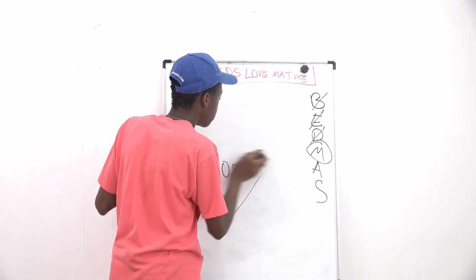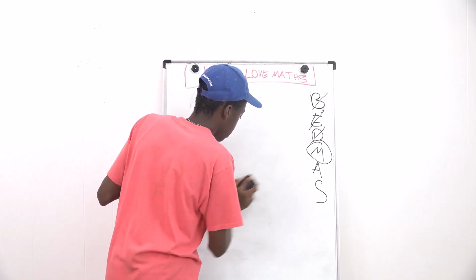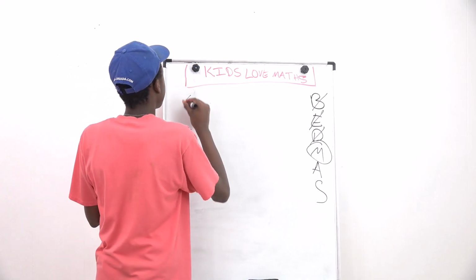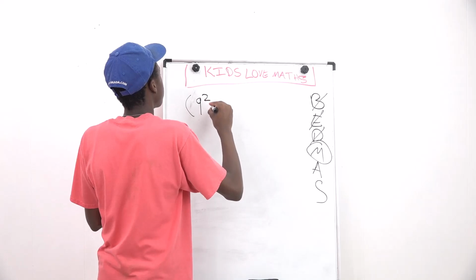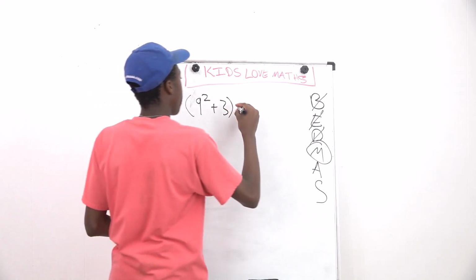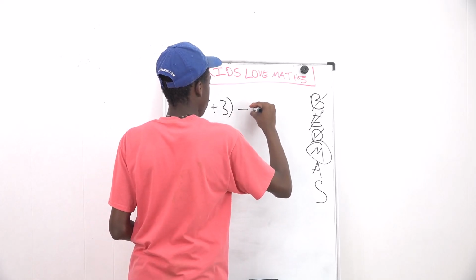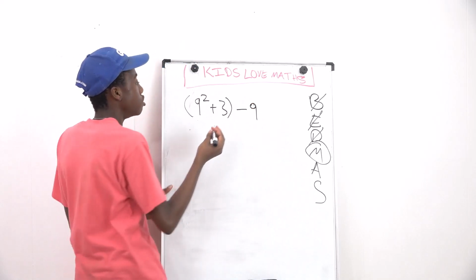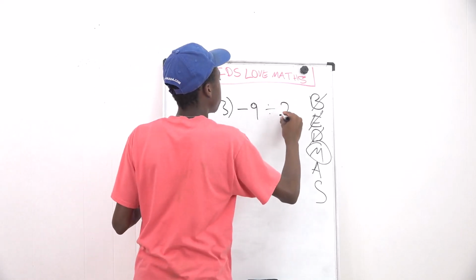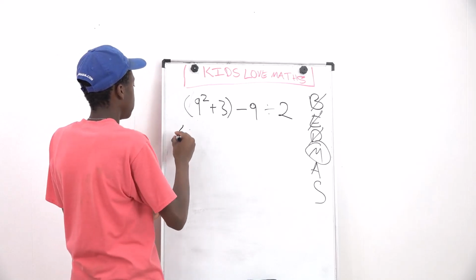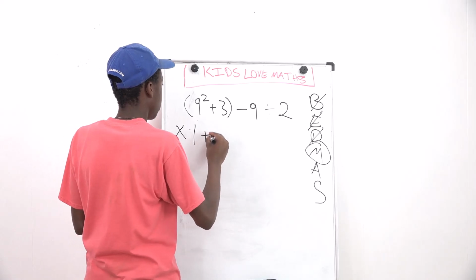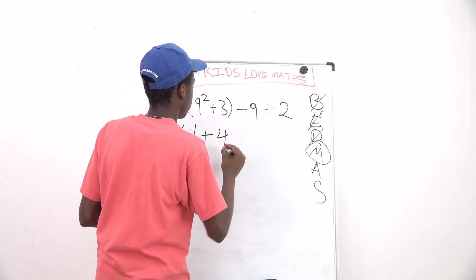Now, we are going to step things up a bit. What happens if we do 9 raised to the power of 2 plus 3, subtract 9, divide by, let's say, 2, times 1, plus 4?